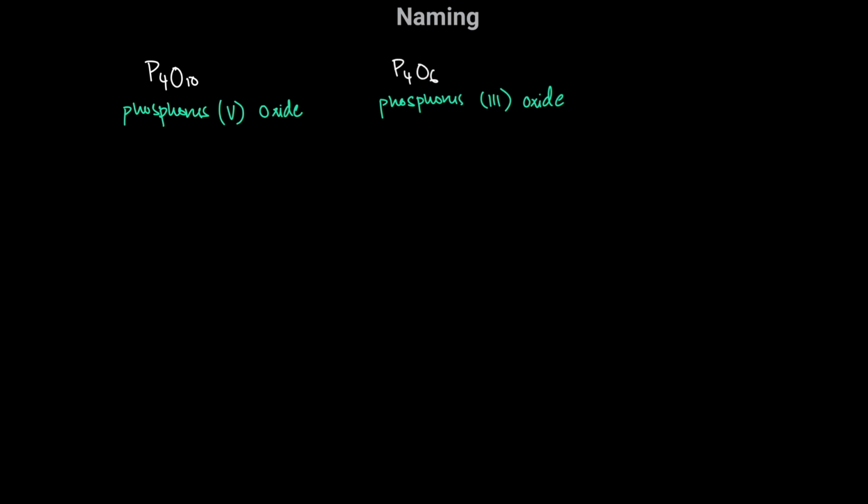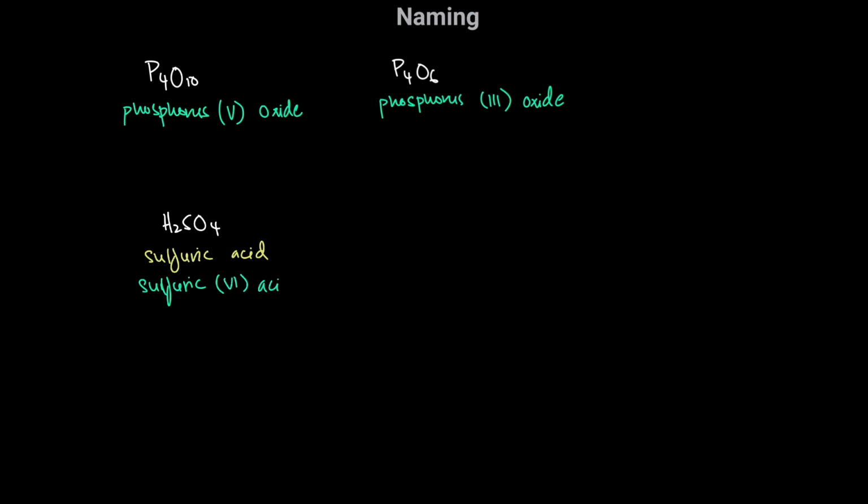And then similarly, you can also apply this naming to different types of acids. So for example, H2SO4, commonly known as sulfuric acid. That's the name for this acid. Sulfuric acid may also be referred to as sulfuric 6 acid.